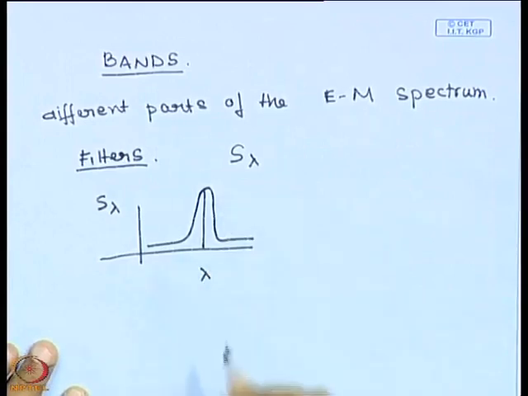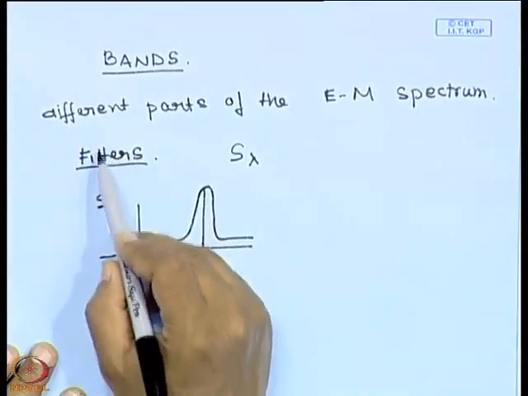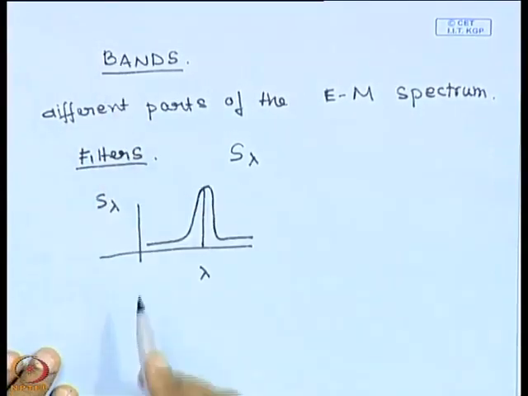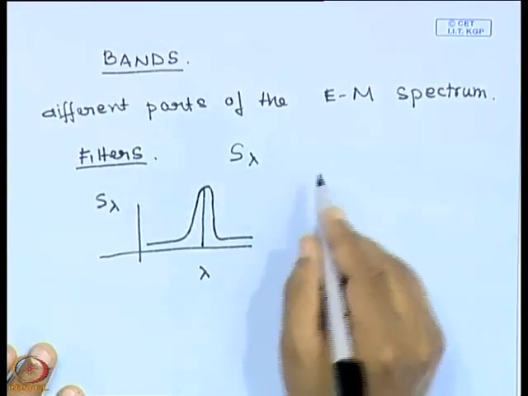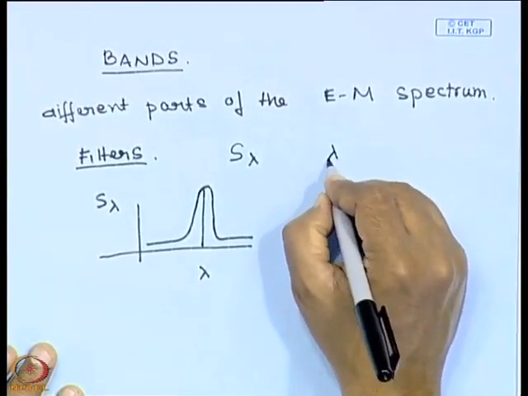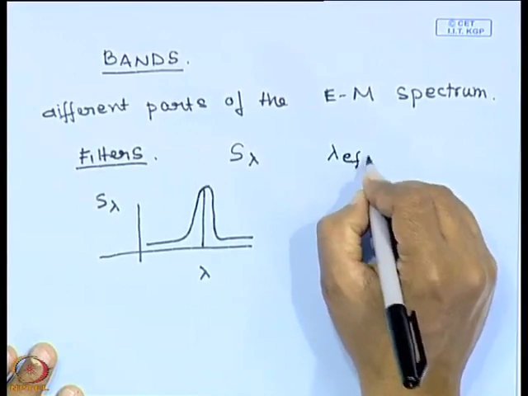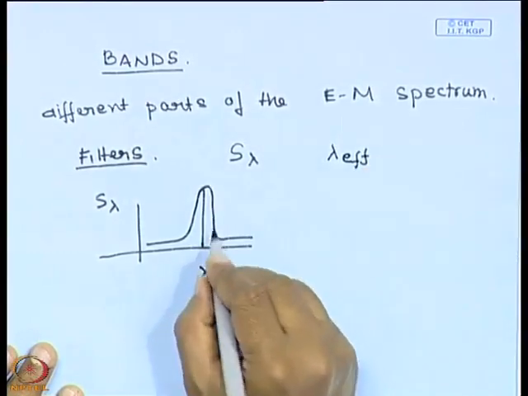Okay. Each filter, so these are filters, the filter defines the band, and each filter is specified by telling the effective wavelength. So, this is the effective wavelength, lambda effective.